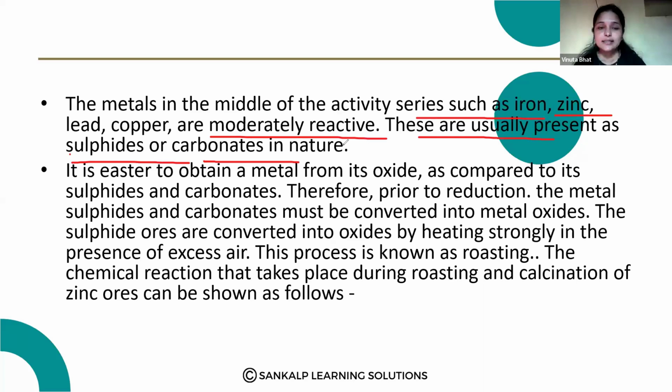So the zinc sulfide or zinc carbonate ores are converted into their oxides. The sulfide ores are converted into oxide by the roasting process, and the carbonate ores are converted into oxide by the calcination process. Okay.